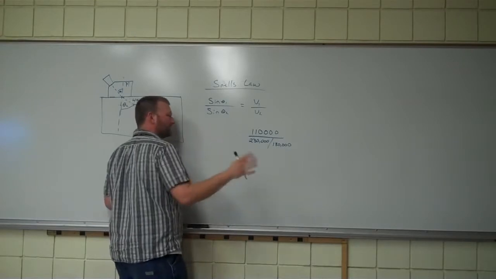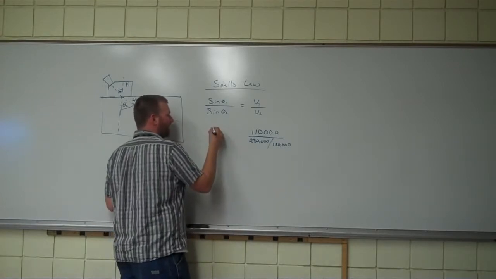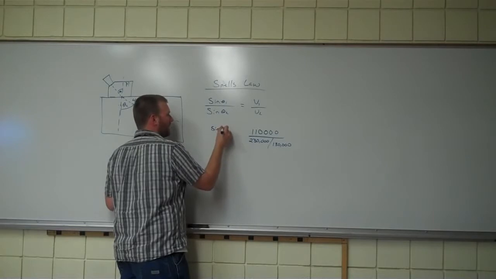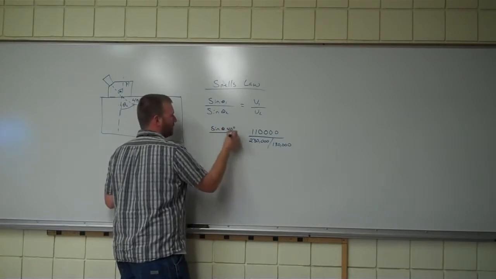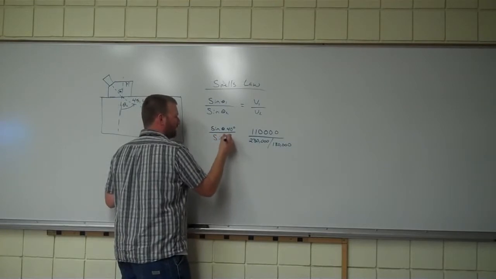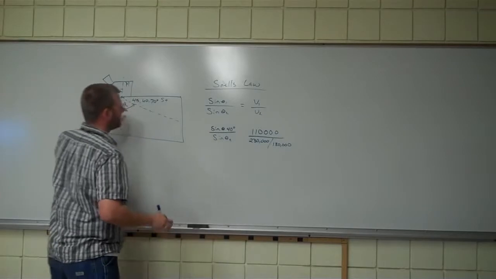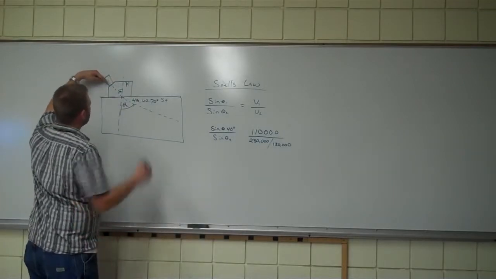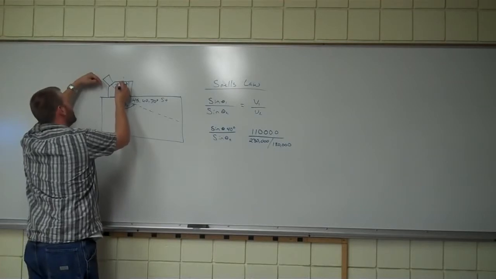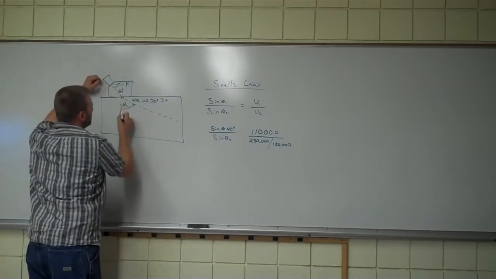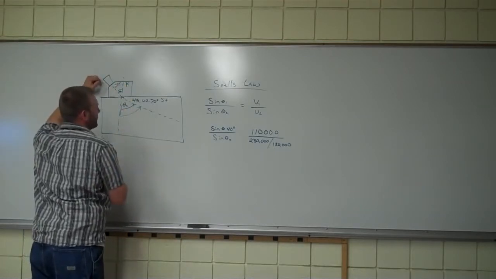We have an incident wave coming in at about 40 degrees, let's just say, and then we want to know what the shear wave or resultant wave is going to be in the steel. We're in the plexiglass, this angle is about 40 degrees. What is our resultant angle right there?